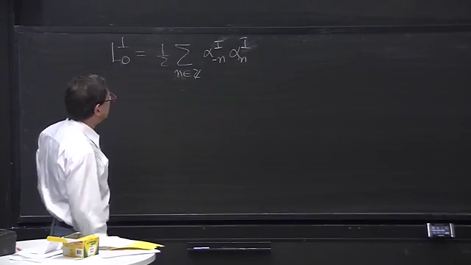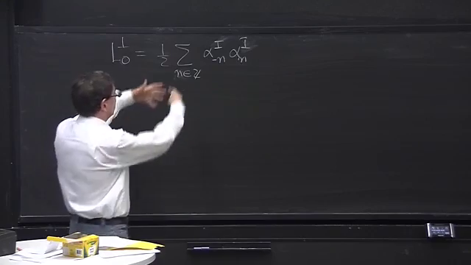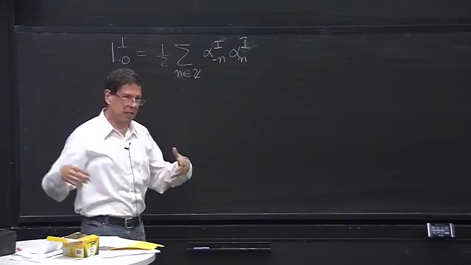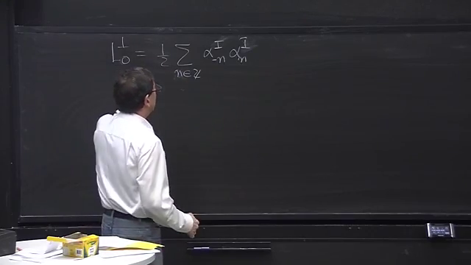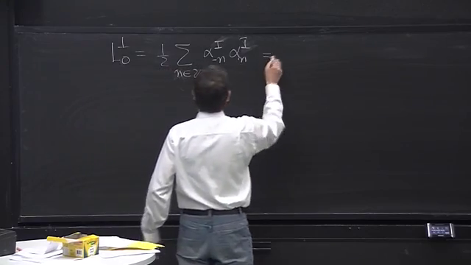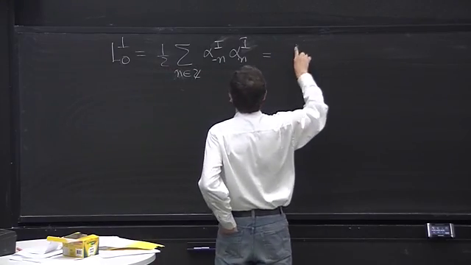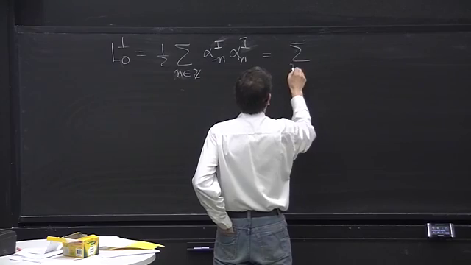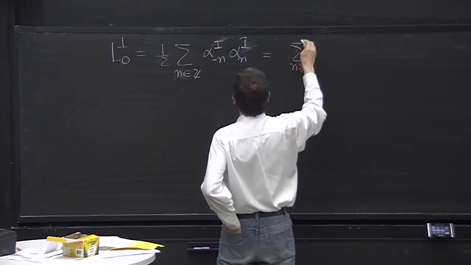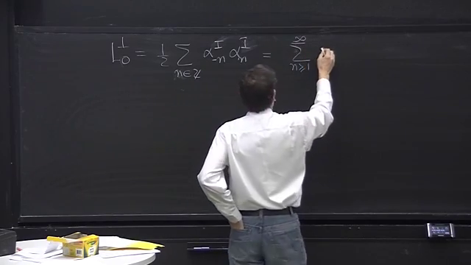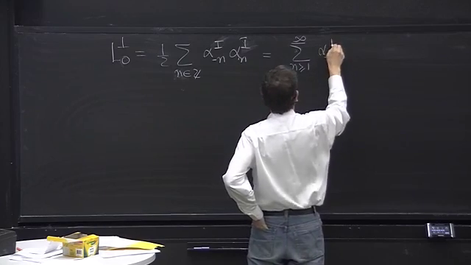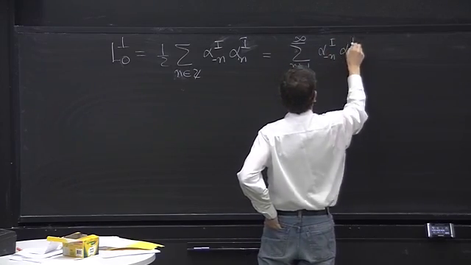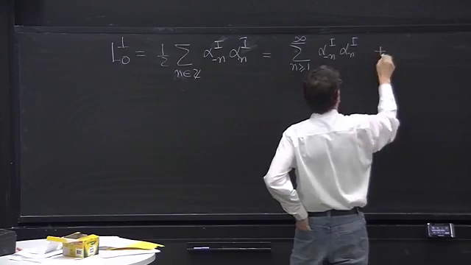That was difficult because it gives an infinity, and we called it the constant a. Therefore, this was equal to a well-ordered expression, the sum for n from 1 to infinity of alpha minus n I alpha n I, plus a constant a.